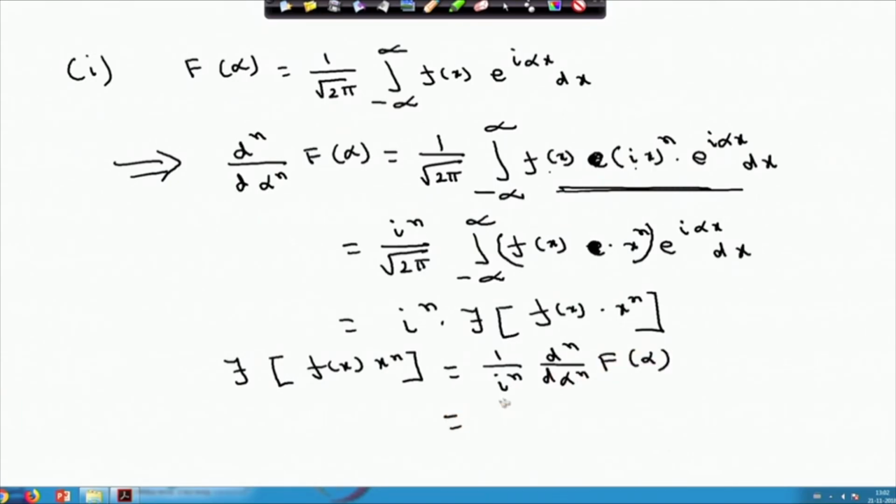And this I can write as minus i to the power n, d^n by d alpha^n of F(alpha). So, basically I am getting the proof of this one: Fourier transform of f(x) into x to the power n, with 1 by i to the power n, I can always write as minus 1 whole to the power n into d^n by d alpha^n of F(alpha).